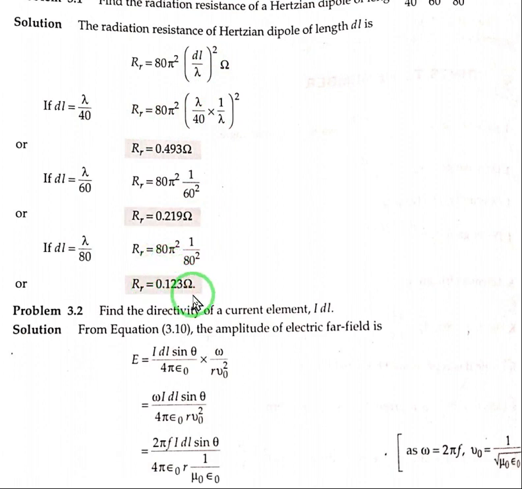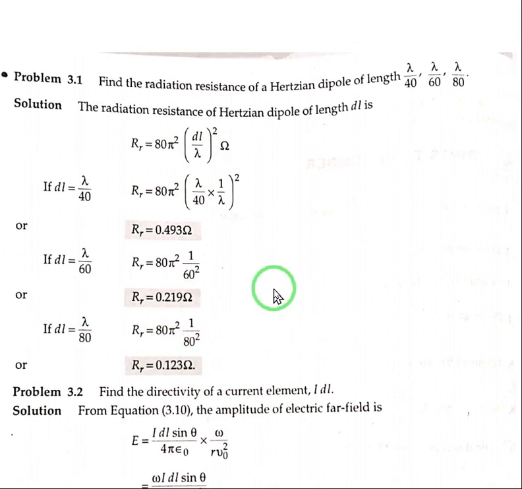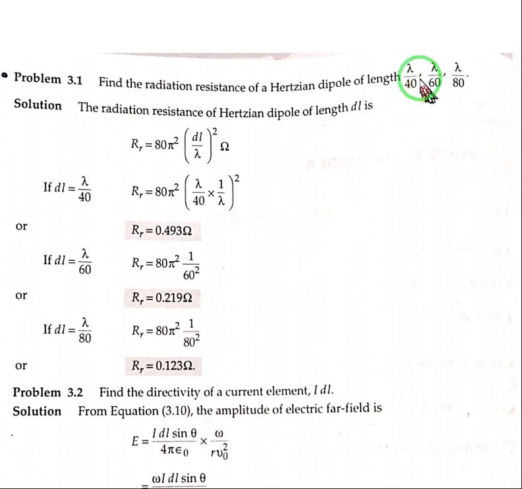We got 0.123 ohms. It should also be noted that as we decrease the length, the radiation resistance also decreases. So in a Hertzian dipole, as the length is decreased, the radiation resistance also decreases.